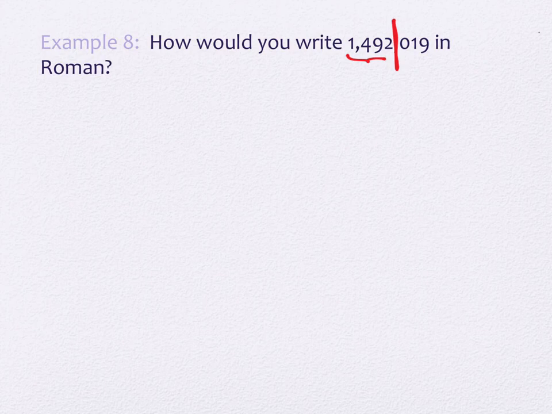How do we get 1,000? That's an M. Okay, so that's the 1,000. How do I get 400? I need a 500 and a 100, but in the other order. So I need the 100 first, and then the 500 second. 100, 500 gives me 400. So I've got my 400 now. How do I get 90?